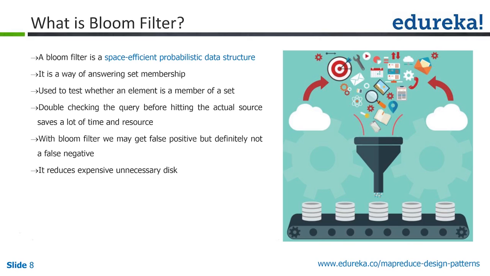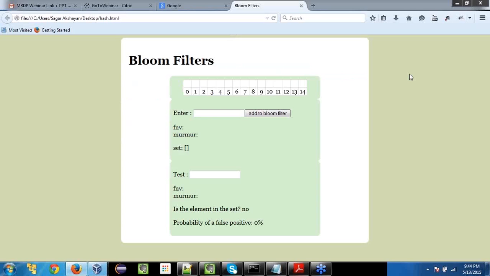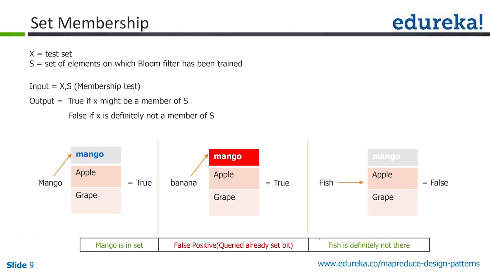I'm going to show an example of the Bloom filter in the diagram here, taken courtesy of a website called billmill.org. It works on the concept of hash algorithms. Let me go over the slide and come back to the example.